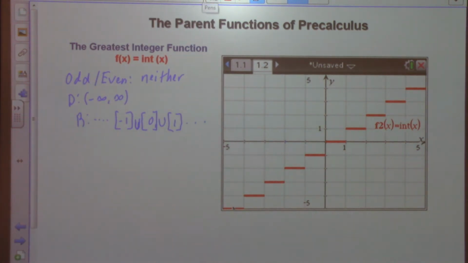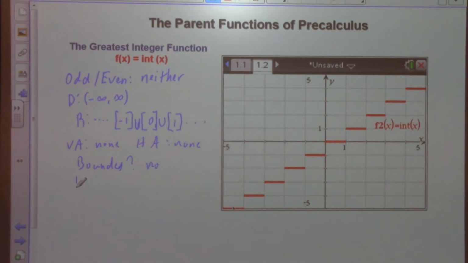Okay. Now, vertical asymptote: none. What about horizontal asymptote? None. What about boundedness? No, not bounded.